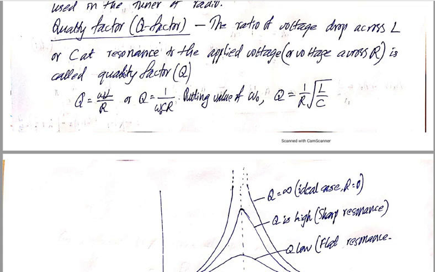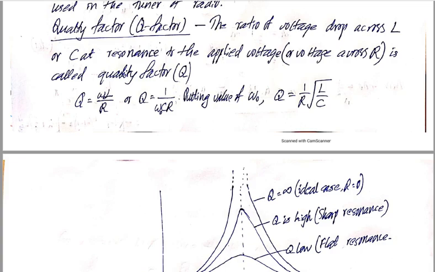Therefore, the quality factor can be written as Q equal to omega 0 L by R, or Q equal to 1 by omega 0 CR. Actually, this is omega 0 L into I by R into I, and I and I get cancelled.